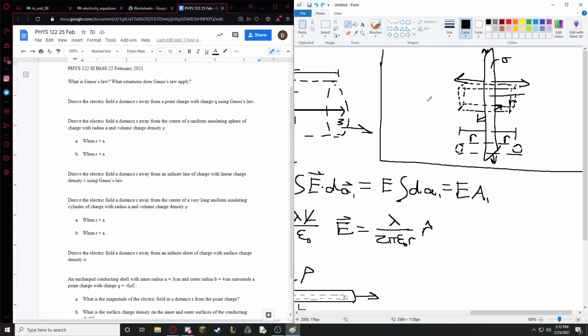So we have our box, distance r out, and let's say our end cap has an area A. So what is our total enclosed charge inside our box? What is the total enclosed charge of our infinite sheet inside our box?